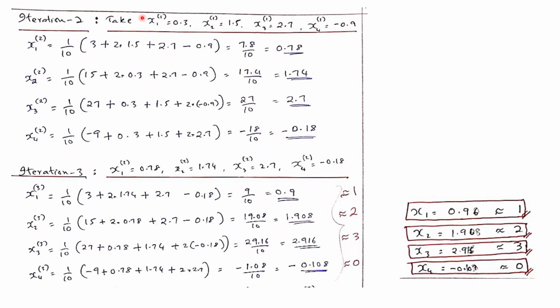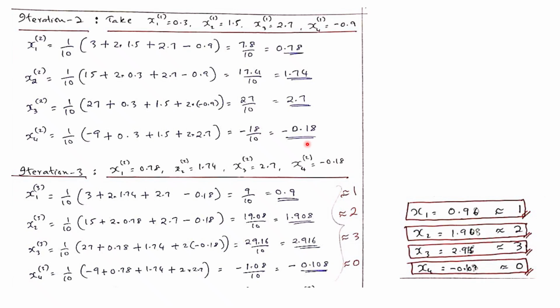Wherever there is x1, you substitute 0.3; wherever x2, 1.5; wherever x3, 2.7; wherever x4, minus 0.9, and solve. The basic equations are in the previous slide, so you just substitute, and you get these values.